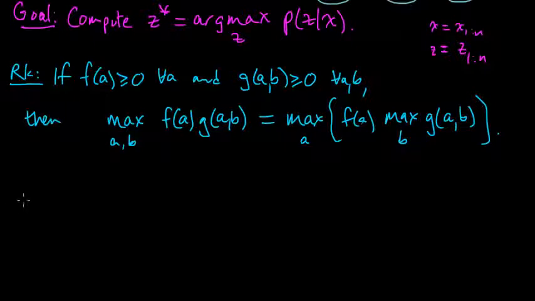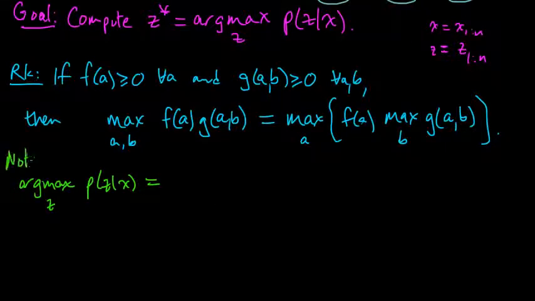So next, we are going to compute this argmax, so let's write that down. Argmax over z. And let's make the following observation. Note that this is proportional to the joint distribution of z and x.